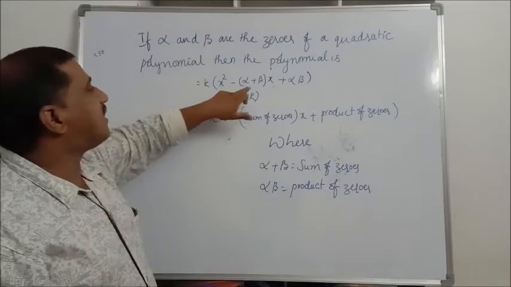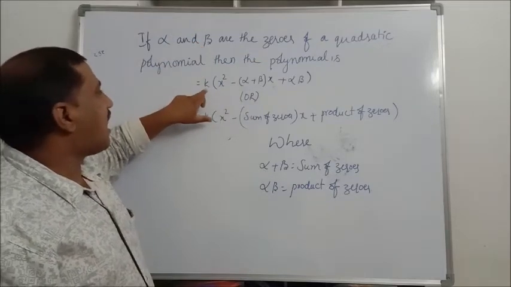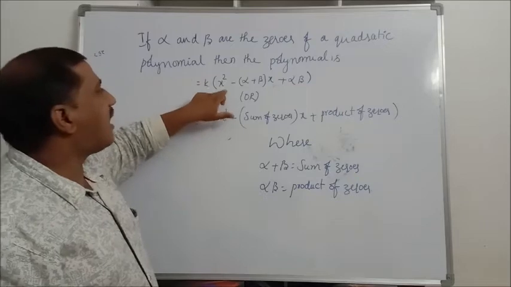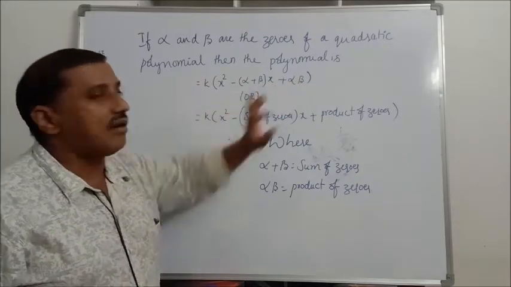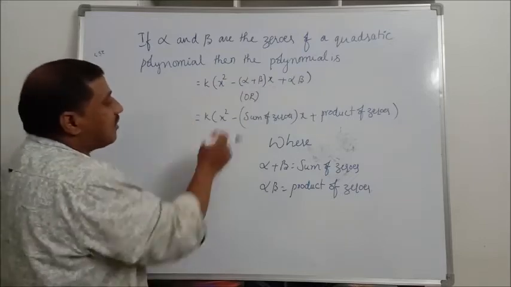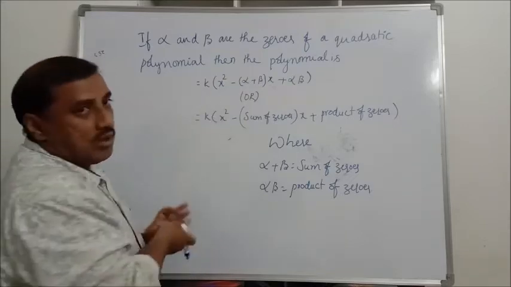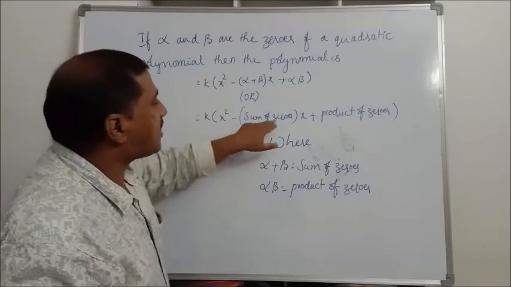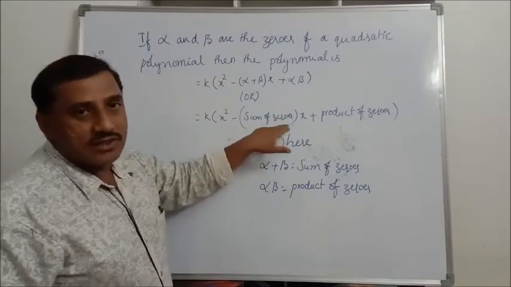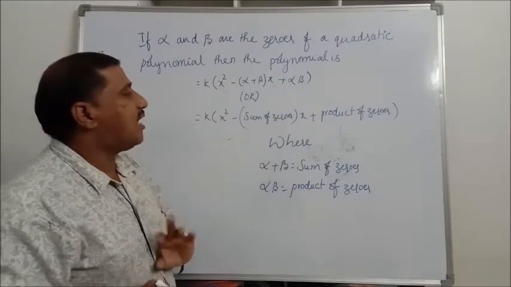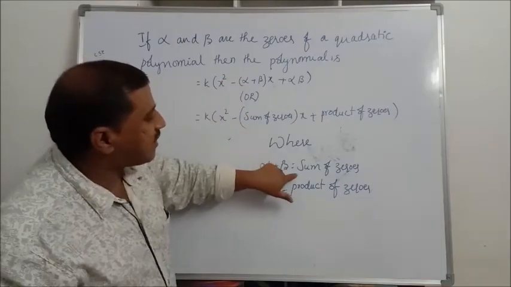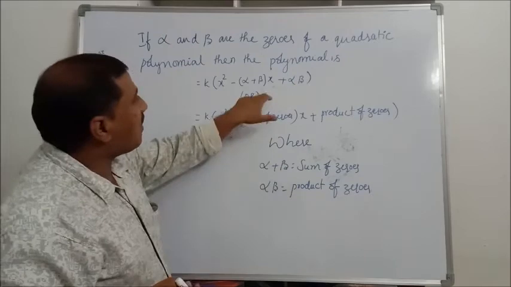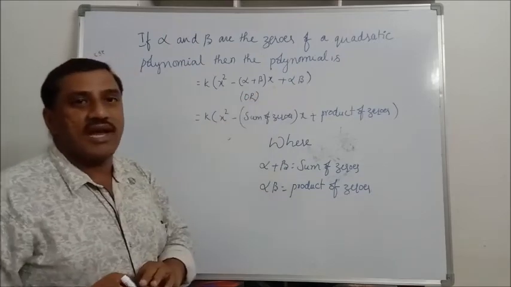By using the formula k into whole x square minus (alpha plus beta) into x plus alpha into beta, or in words, k into whole x square minus (sum of zeros of the polynomial) into x plus product of the zeros, where alpha plus beta equals the sum of the zeros and alpha into beta equals the product of the zeros.